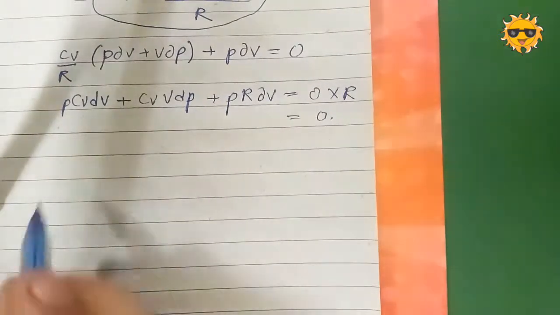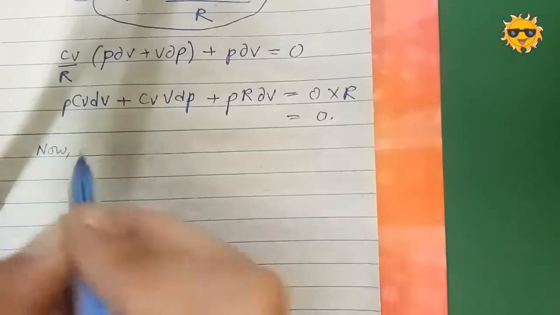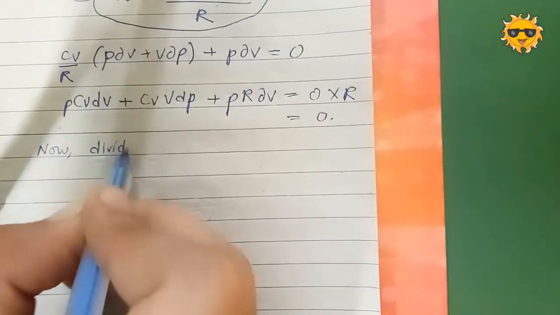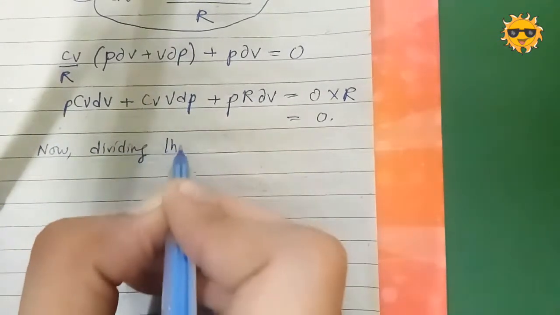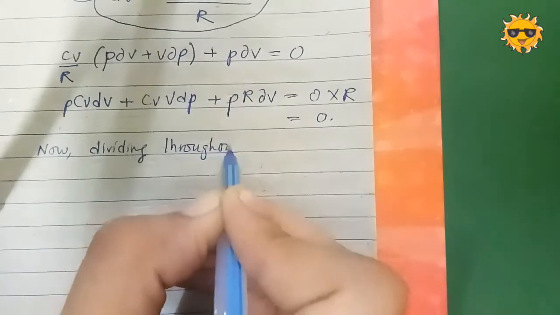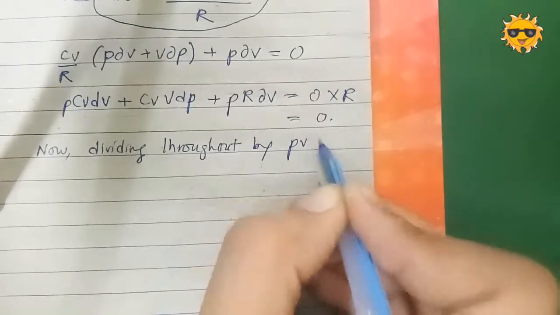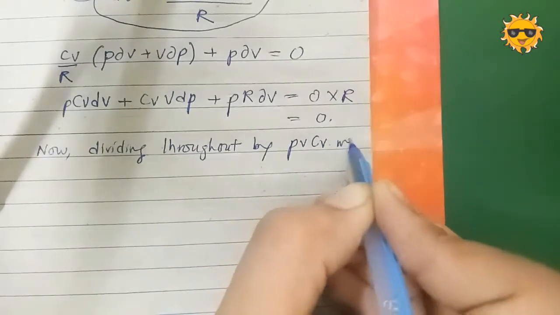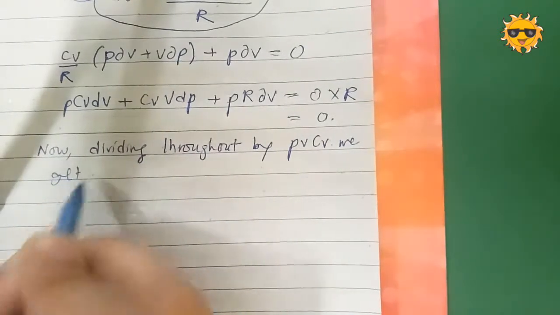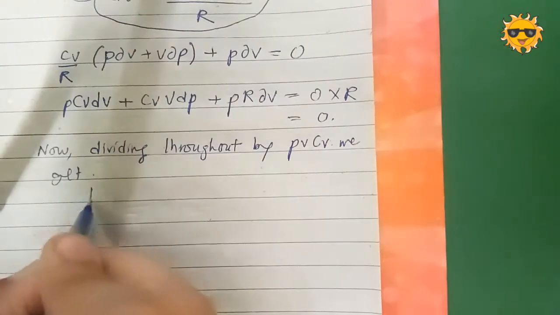Now let us consider dividing throughout by P, that is pressure, V, that is volume, and Cv, specific heat.